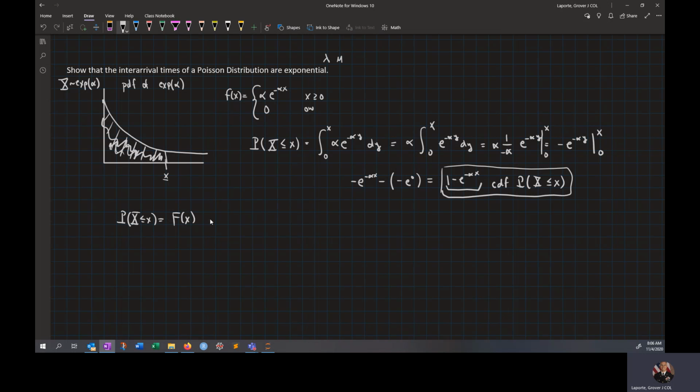In calculus, generally you go from small f to big F when you take the antiderivative. That's equal to 0 when x is less than 0, and 1 minus e to the negative alpha x when x is greater than or equal to 0. If x equals 0, 1 minus 1 is 0, okay, that makes sense. So this would be my CDF.